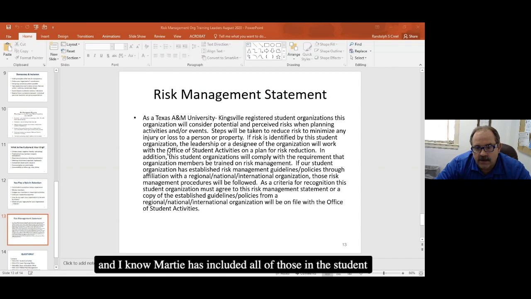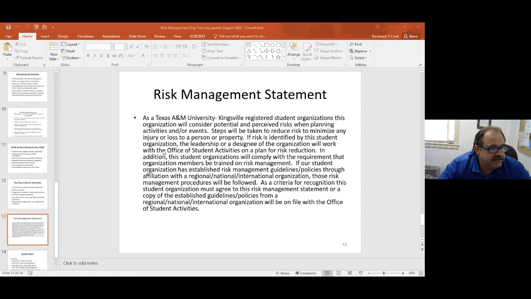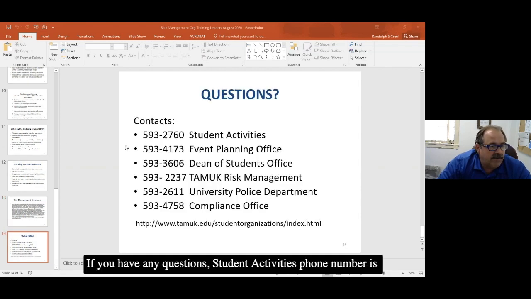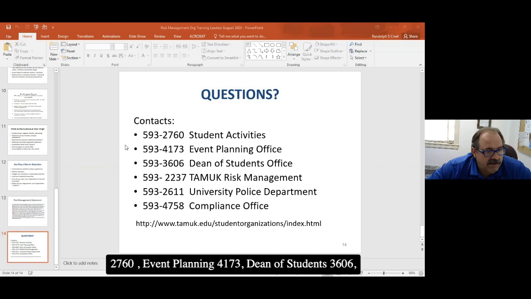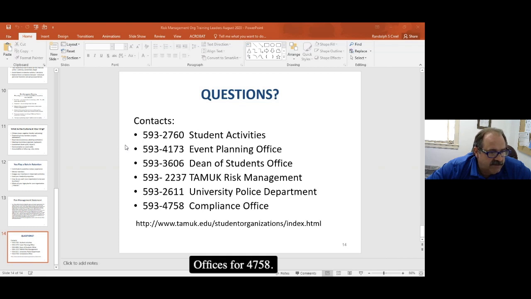And I know Marty has included all those in the student organization registration process. And if you have any questions, student activities phone number is 2760. Event planning 4173, Dean of Students 3606, my office is 2237, University Police 2611, and the compliance office is 4758.